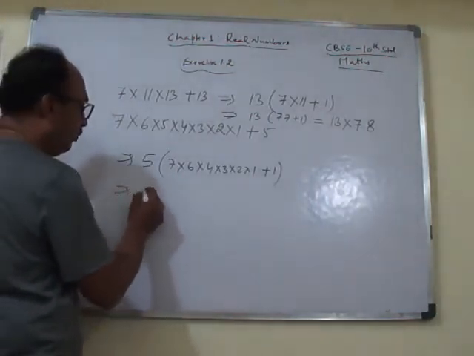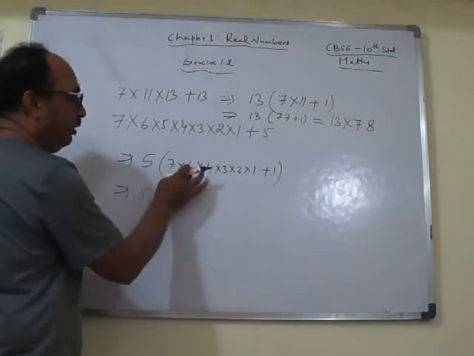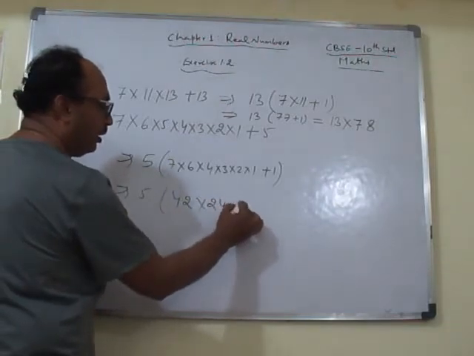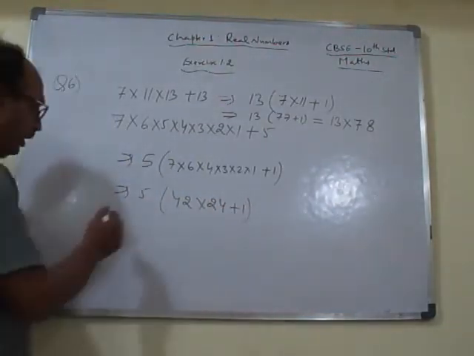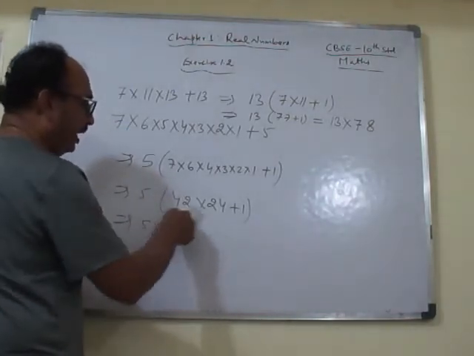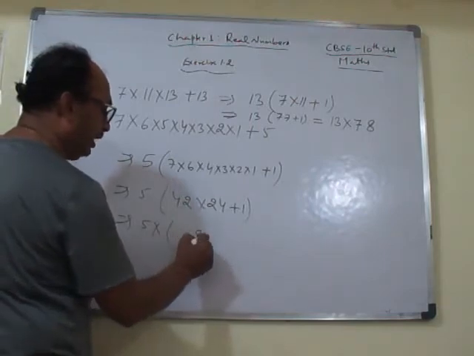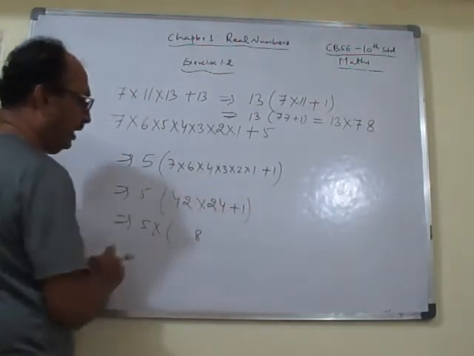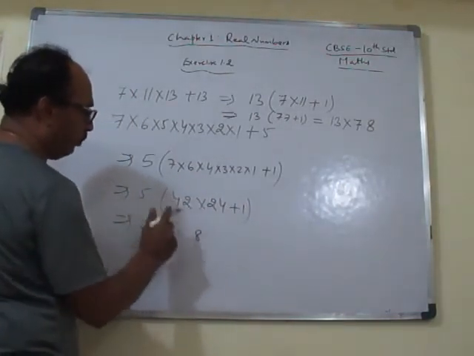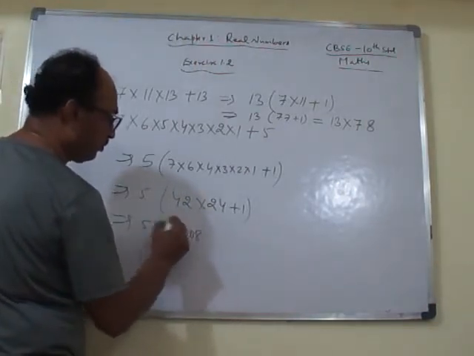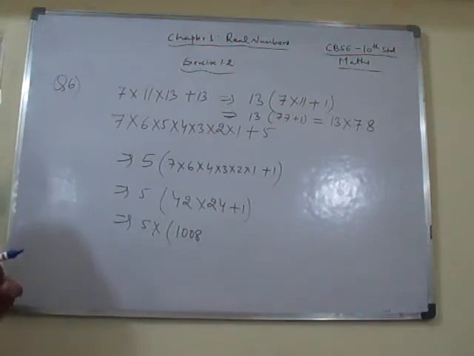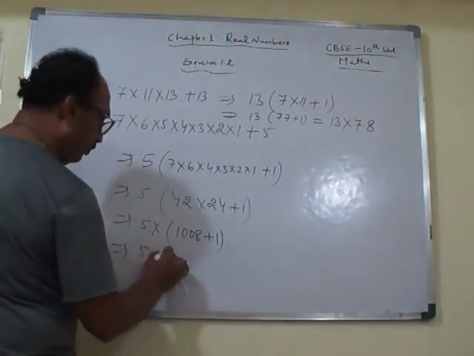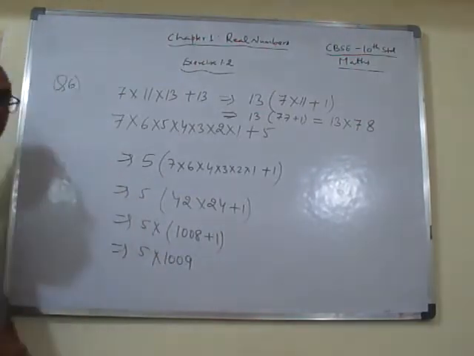Solving this: 7 into 6, 42. 4 into 3, 12. 12 into 2, 24. 24 into 2, 48. 24 into 4, 96. 96 plus 4, 100. 1008, plus 1, 5 into 1009.